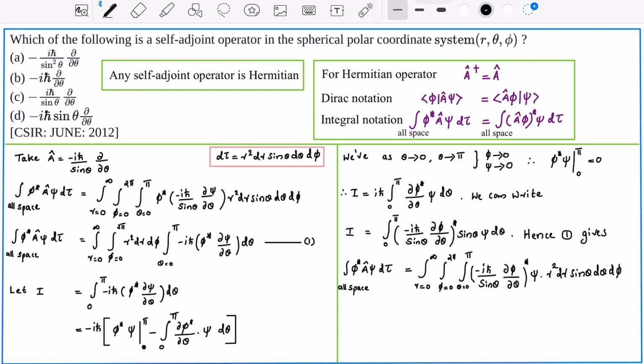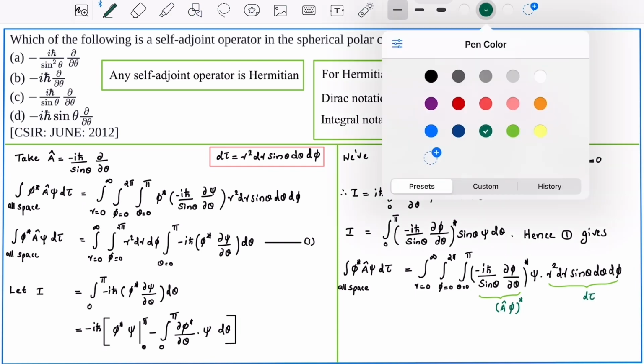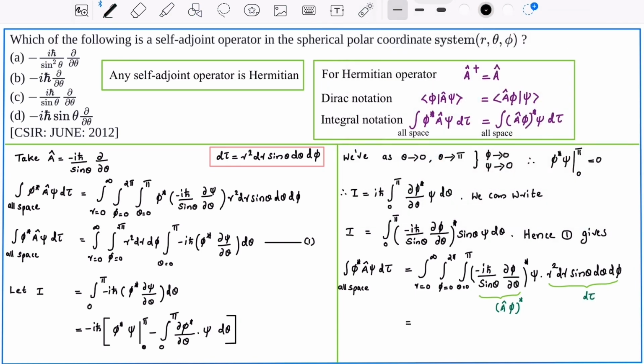Now let us look at the RHS. What is the first term inside the integral? This is nothing but A phi whole conjugate, and the last term is nothing but d tau. Hence, we can say our integral is nothing but the integral over all space within bracket A phi whole conjugate psi d tau.